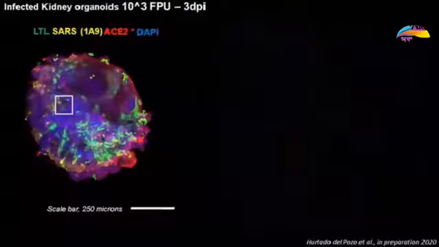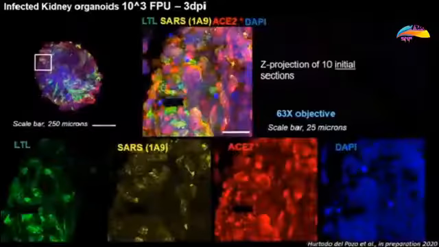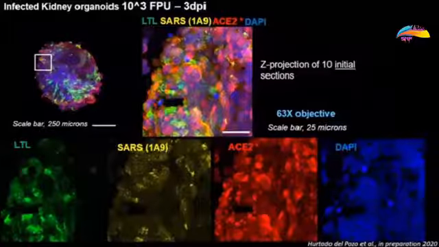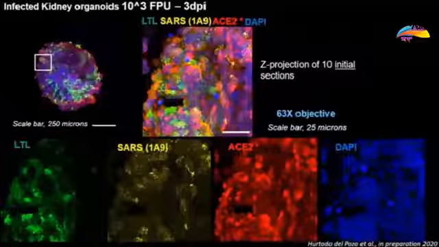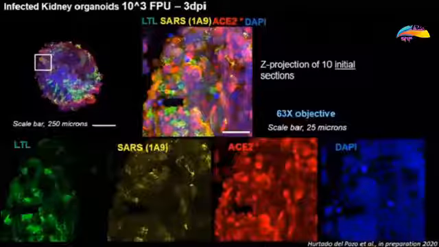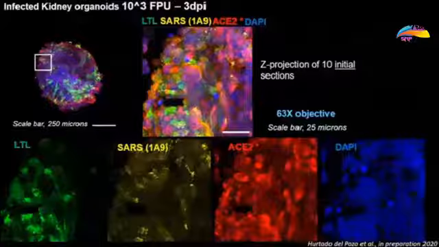For the last month or two, I would rather say, we are still pursuing our collaboration. We are nowadays analyzing different conditions, of course, with viral supernatant or with SARS-CoV-2 particles.